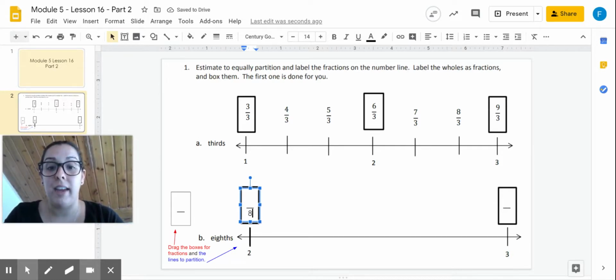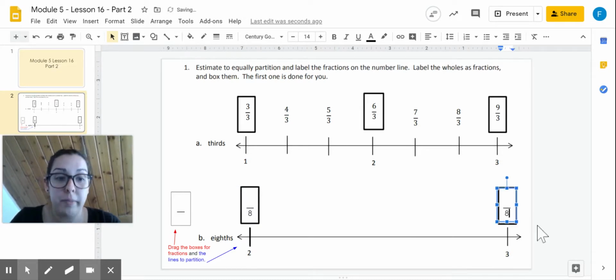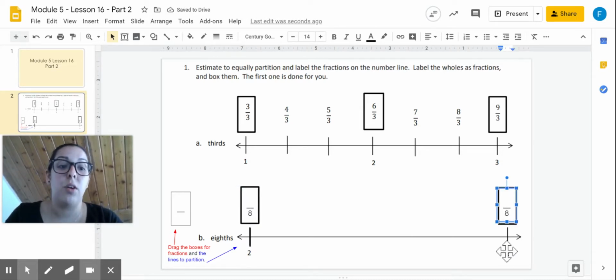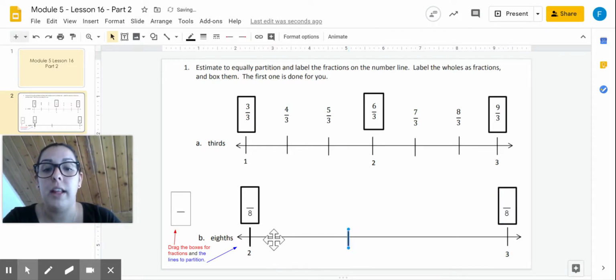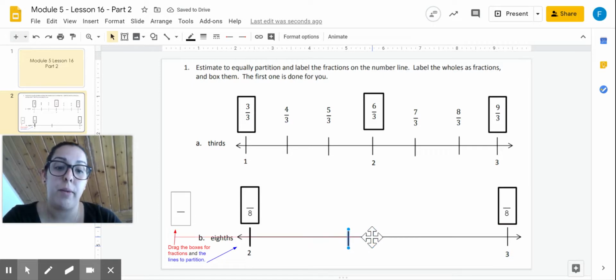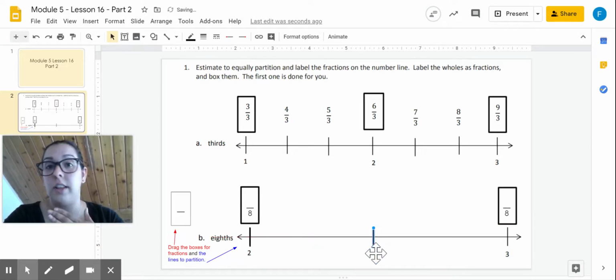So remember my trick, 8 times the whole equals what? Again, same here. Your denominator is 8. 8 times the whole equals what? Then you get to drag this line over. You know that eight is an even number, so you can break it up in half. This is a trick that I always use.